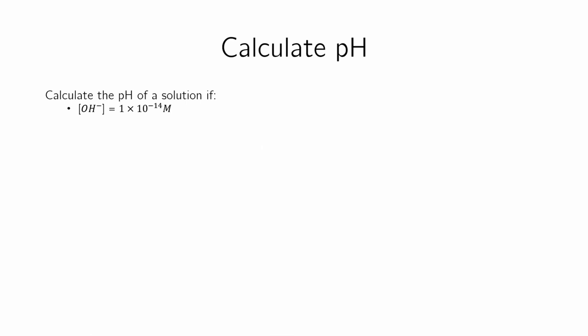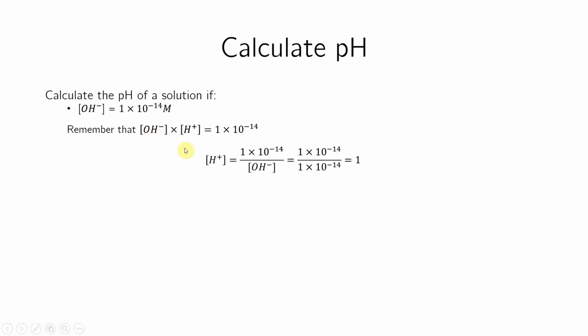And here, I can, based on that, get the H. So if I take this and I divide both sides by the OH, I will get what H is. And so H is going to be exactly this. H will be 1. So if I know the concentration of OH minus, I can get the concentration of H plus. Now I'll put that into the negative log definition and I will get that my pH is 0. So the pH of this solution is 0.